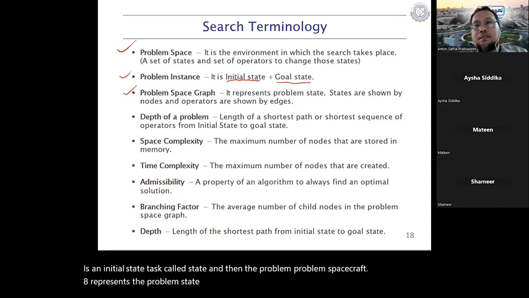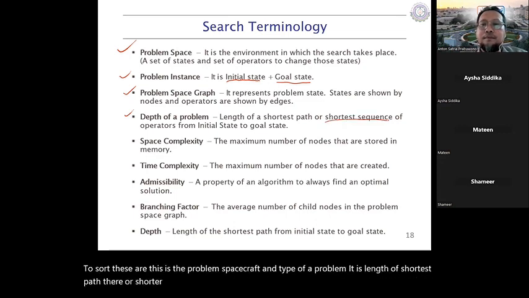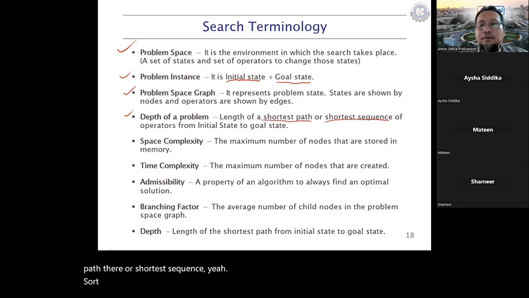States are shown by nodes and operators are shown by edges. And the depth of a problem is the length of the shortest path, or shortest sequence of operators, from the initial state to the goal state.